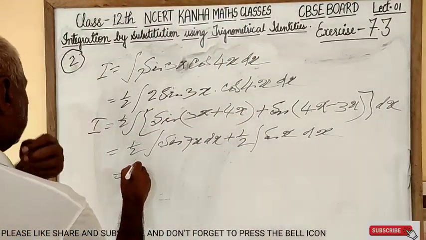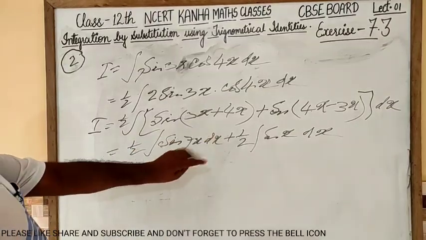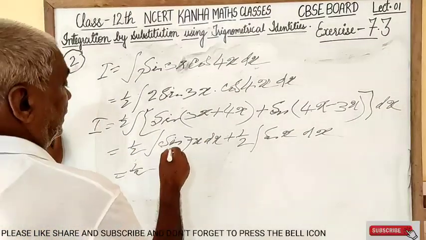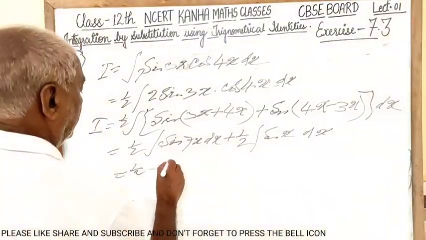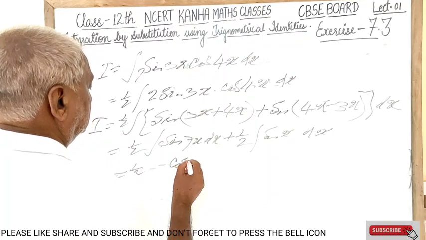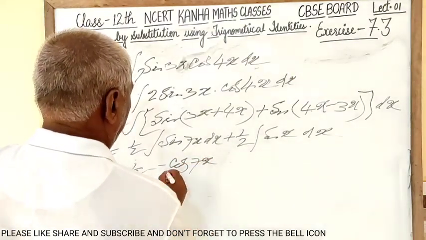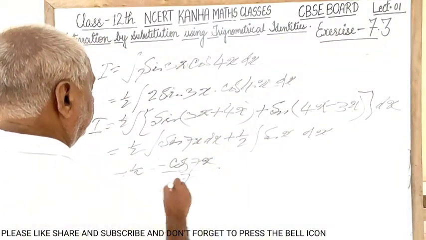It's very obvious that the integral of sin x will be equal to minus cos x. So the integral of sin 7x will be equal to minus cos 7x divided by the derivative of 7x, I mean 7.